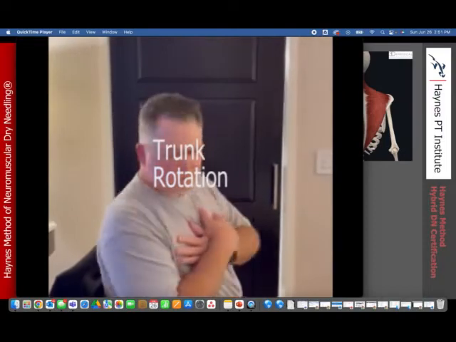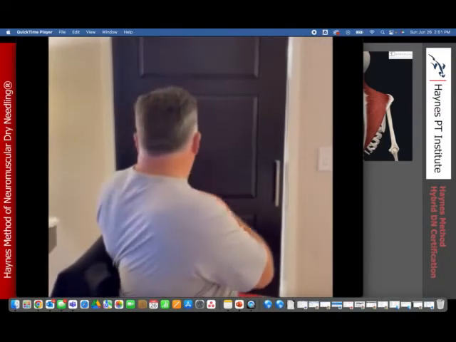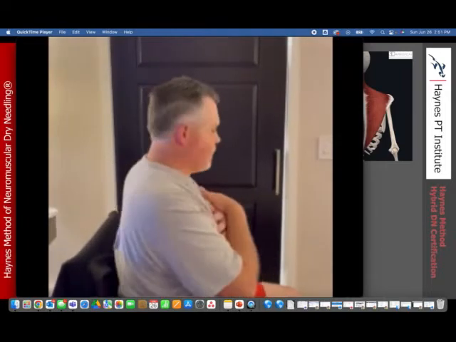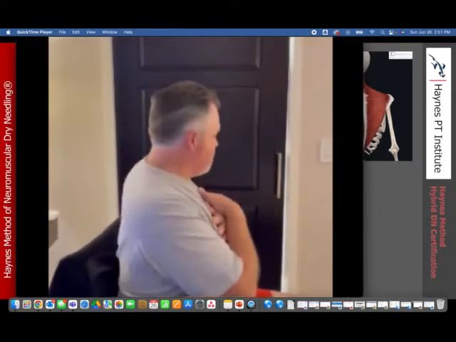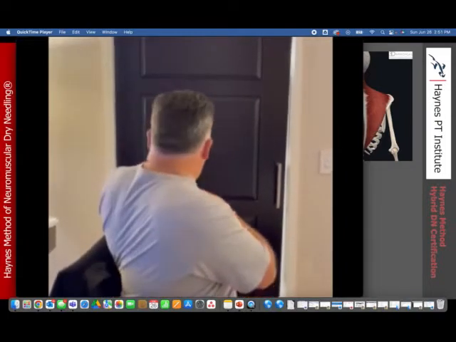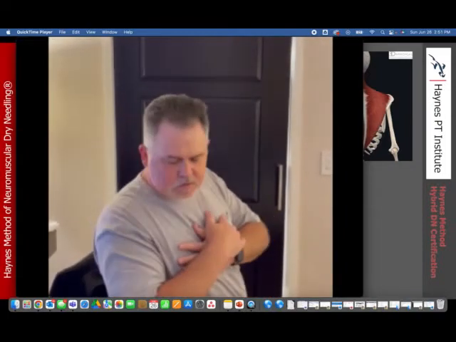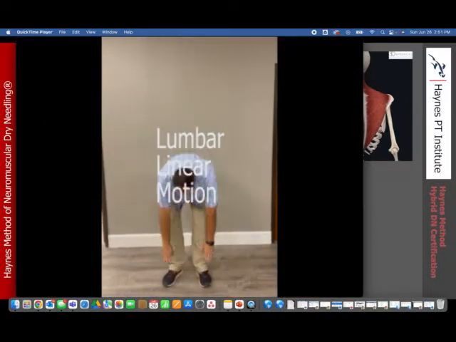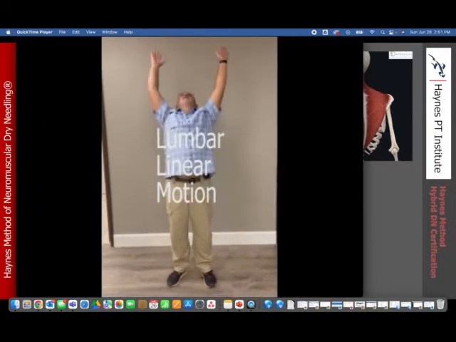Again, the trunk rotation, just looking at it from a side view. When you do these rotation movements, definitely want to make sure that we give a nice, strong, tight trunk rotation curve. What we're adding here is our lumbar linear motion.